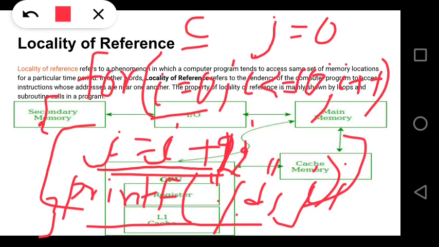So a total of 0 to 10 means 11 iterations. So for 11 times these two statements will get executed.